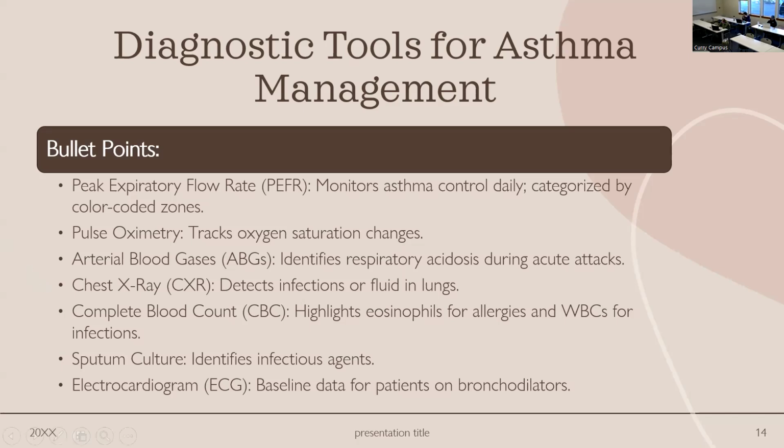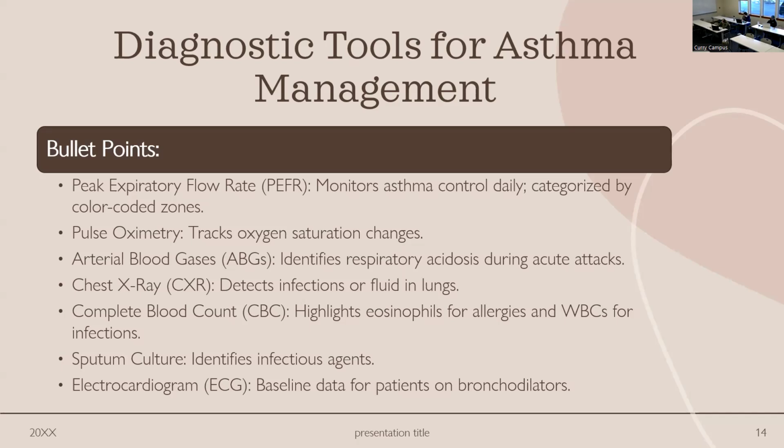Pulse oximetry, I think we're pretty familiar with that. It tracks oxygen levels in the blood. ABGs provide data on oxygen and carbon dioxide exchange and pH levels, used during acute asthma exacerbations. Chest x-rays detect lung complications like infections, fluid buildup, or hyperinflation.